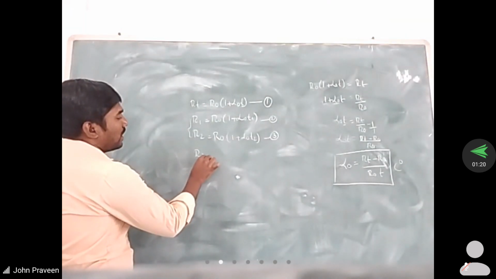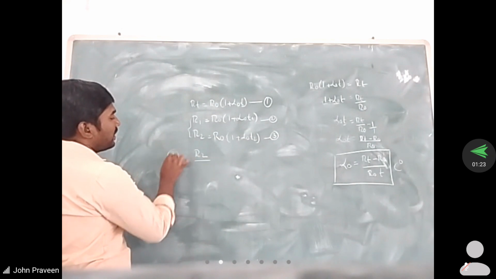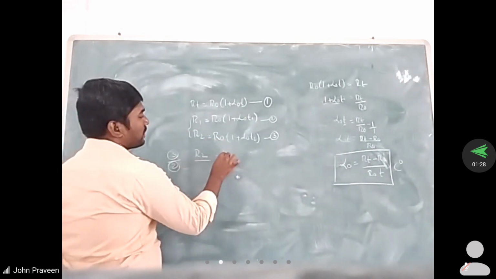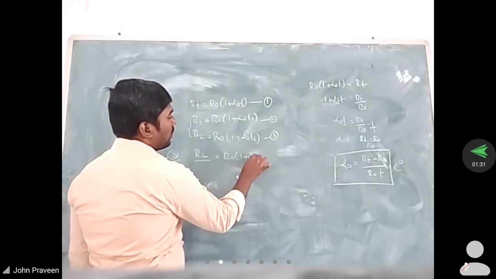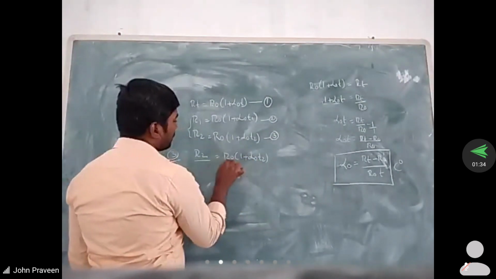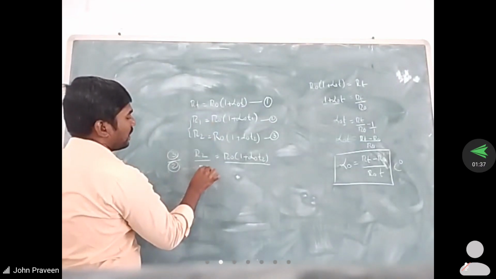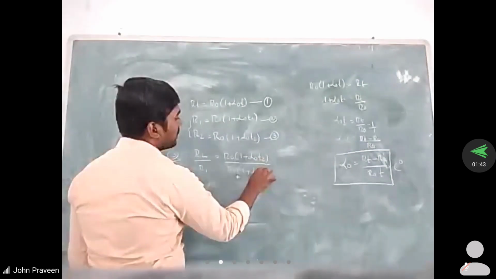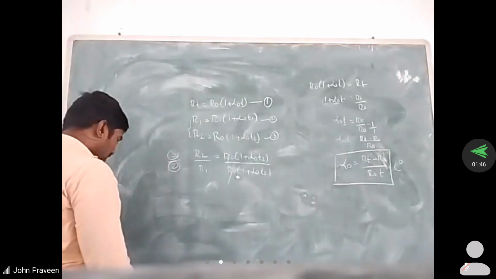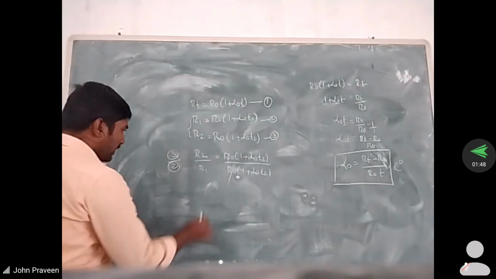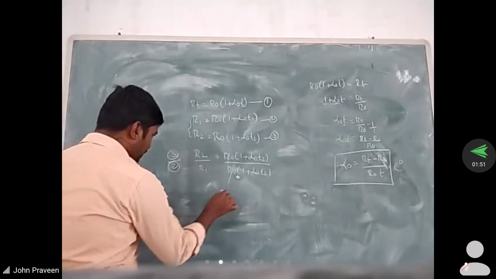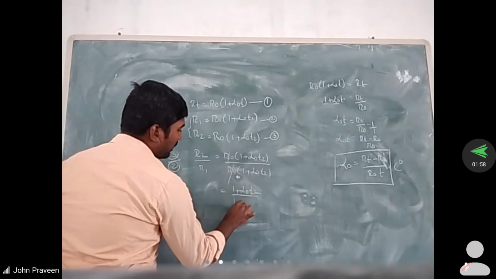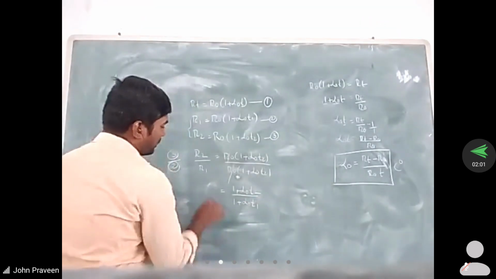R2 is R naught into 1 plus alpha naught T2, divided by R1, which is R naught into 1 plus alpha naught T1. So R naught gets cancelled. So then what we are getting here? R2 by R1 is equal to 1 plus alpha naught T2 by 1 plus alpha naught T1.